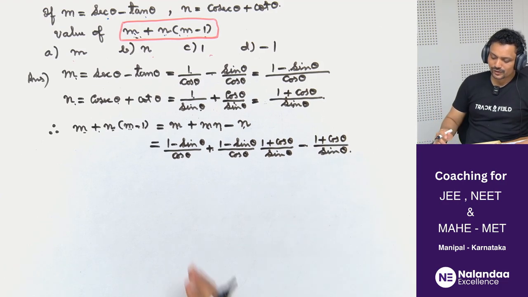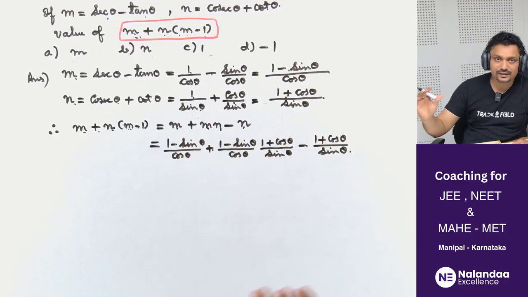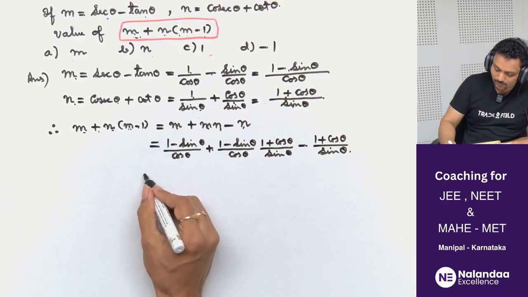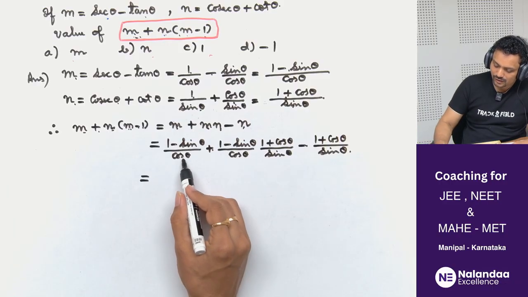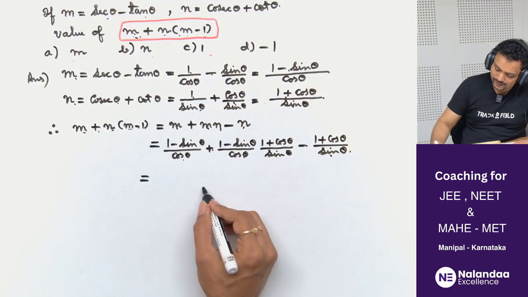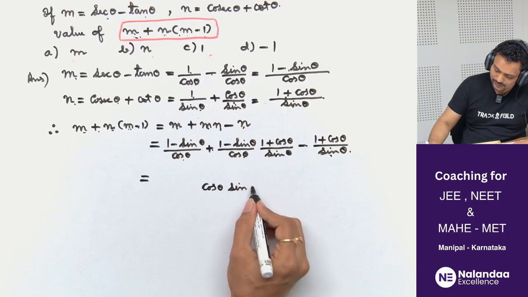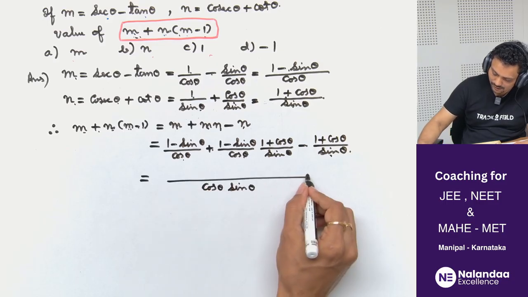You can have a look at this, students, and you always know whenever fractions are involved, we go for the common denominator. Cos theta, sin theta, sin theta. So the LCM will be cos theta into sin theta. So this will be the common denominator.